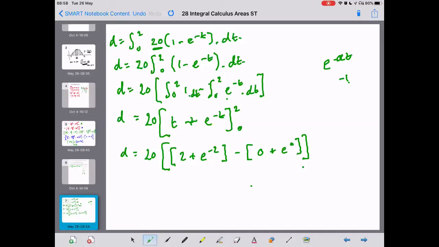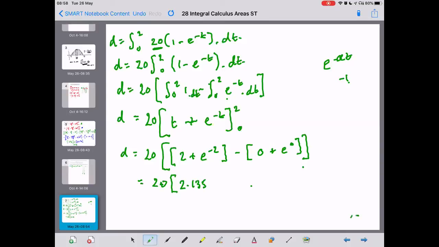That comes out as 20 times, and the value of this one is 2.135. Check that with your calculators, please.